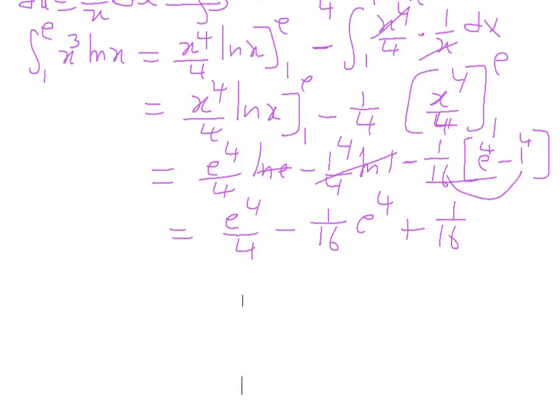So this is equal, if you multiply, you can combine the fractions. If you multiply 4 and 4 here, this is going to be 3 e to the power 4 divided by 16 plus 1 divided by 16, which can be done by calculator.